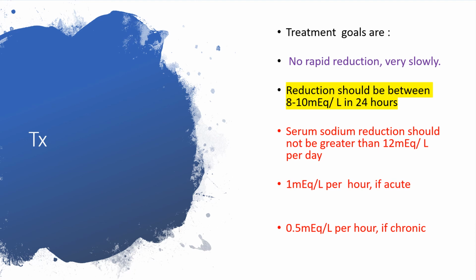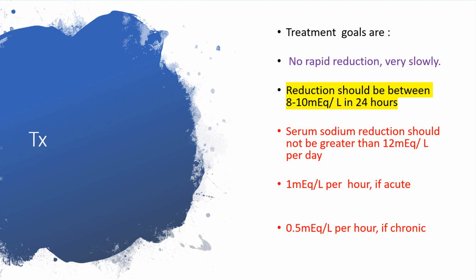If we are dealing with chronic hypernatremia, it is okay in 1 hour to have reduction at the rate of 0.5 milliequivalent per liter. In other words, the reduction is expected to go at half the rate of acute hypernatremia when we are dealing with chronic hypernatremia.